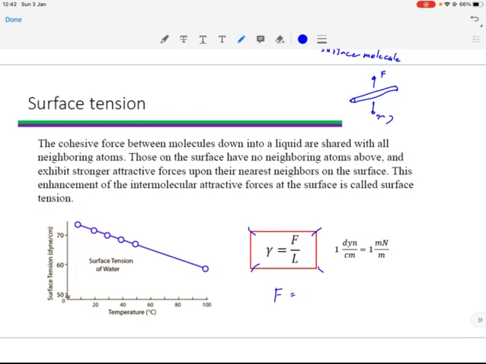And this F is the surface tension. That is the property of liquid, multiplied by the L. That is the contact length.